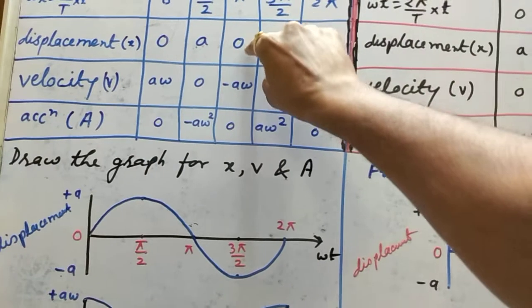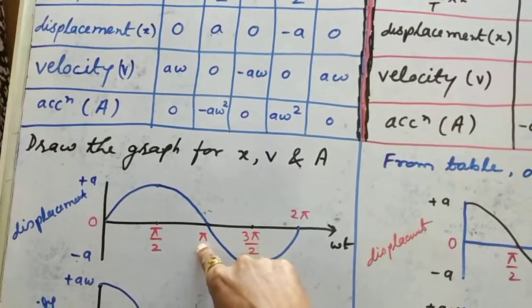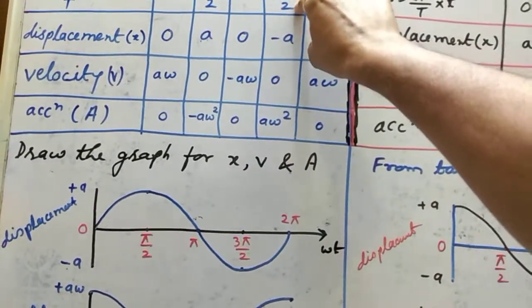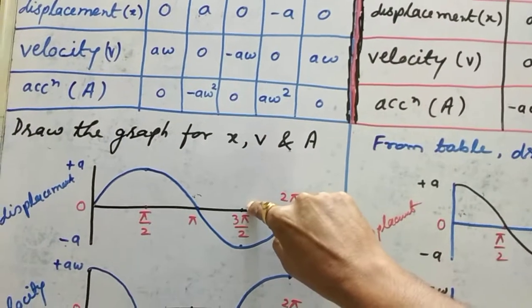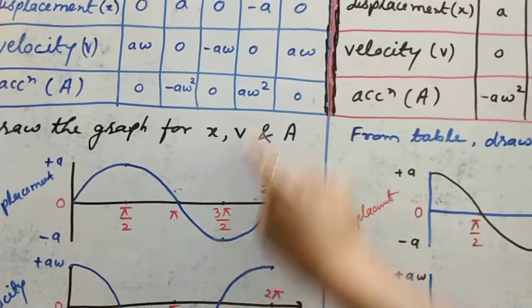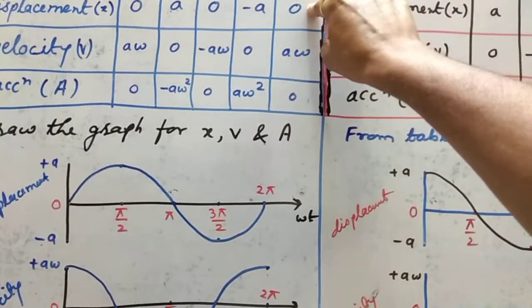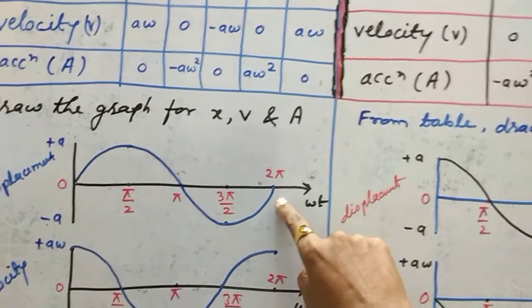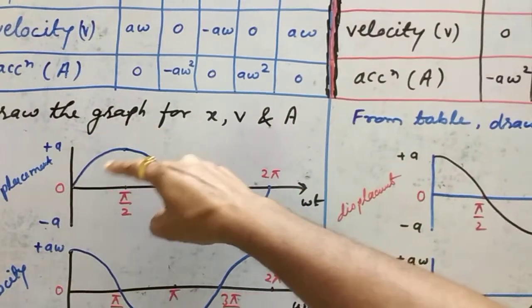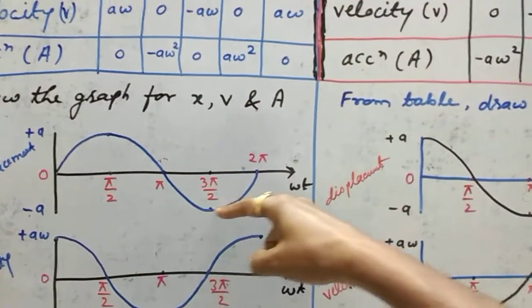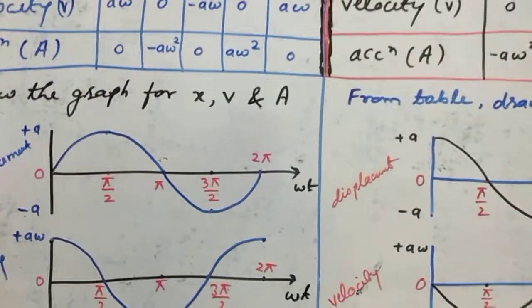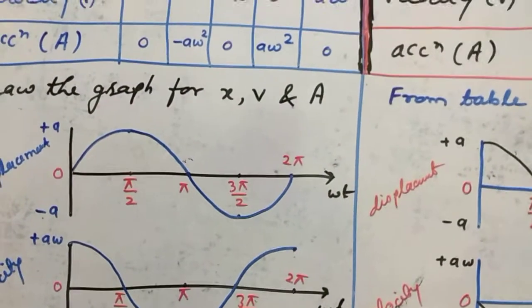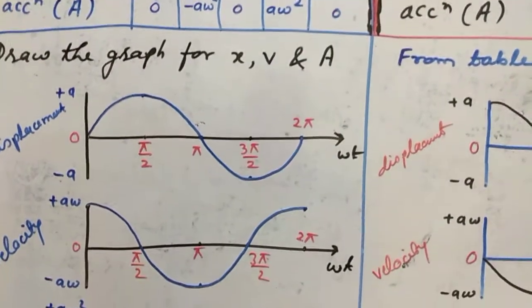For pi, it is again 0. For 3 pi by 2 it is minus a, and for 2 pi angle the displacement is 0. Now draw and join the points in this curve nature. In this way this is the graphical representation for displacement.